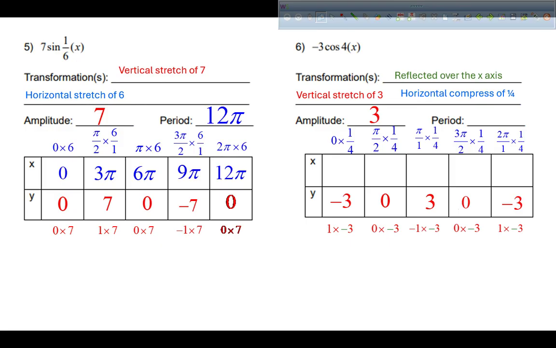I'm just going to do top times top, bottom times bottom. So I end up with pi over 8, pi over 4, 3 pi over 8. And at the very end there, I end up with 2 pi over 4. But 2 over 4 is the same thing as 1/2. So I just reduced that fraction.